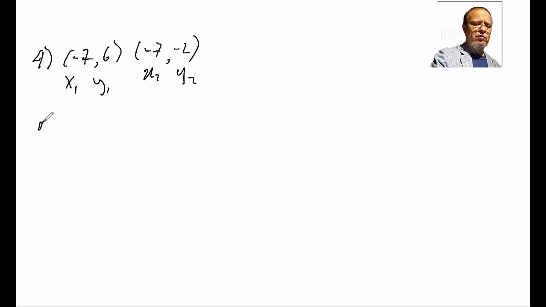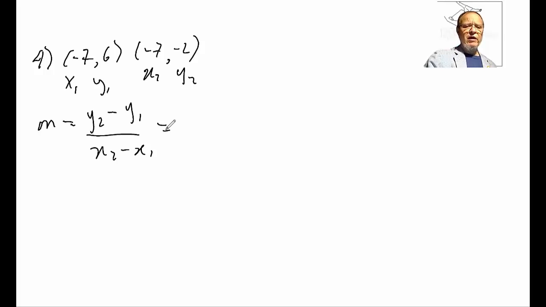And our slope, m, is equal to y2 minus y1 over x2 minus x1. So we have here -2 minus, and then y1. Well, that's just 6, but it's okay to put it in the bracket to be extra careful.